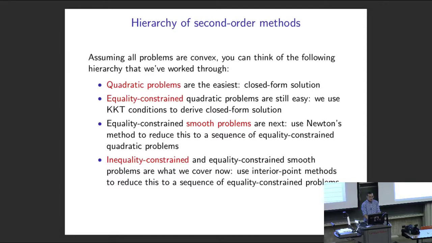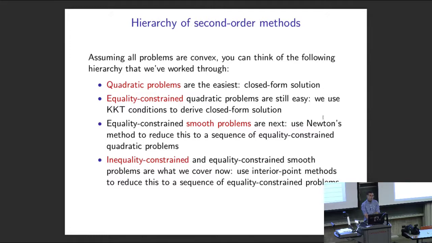Equality constrained quadratic problems are also easy. We saw that if you have a quadratic subject to equality constraints, you just take the KKT conditions, and that gives you another closed form solution where you solve a bigger linear system. The next thing we talked about were equality constrained smooth problems. Instead of minimizing a quadratic subject to equality constraints, you minimize a twice differentiable function subject to equality constraints.